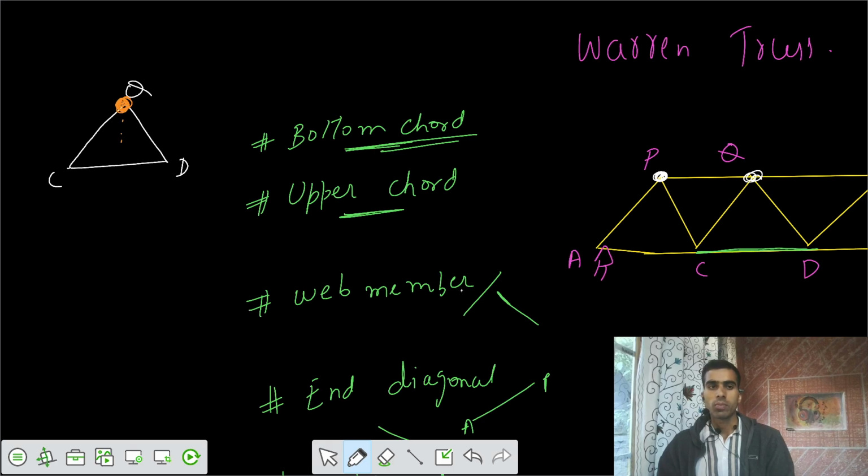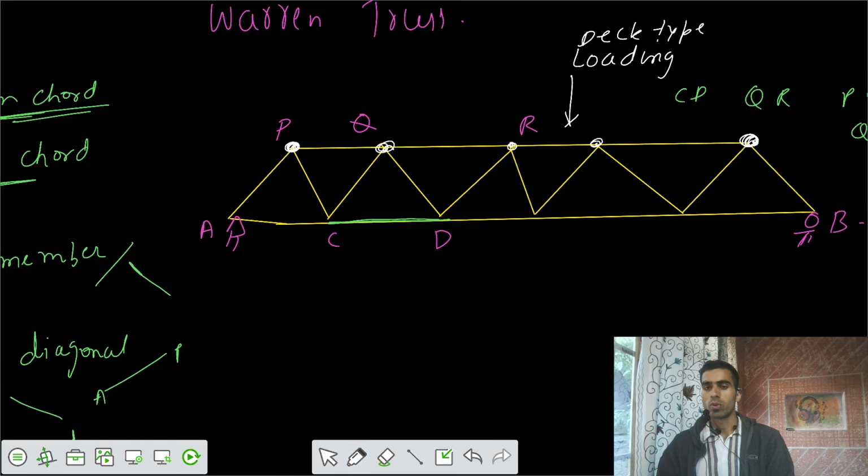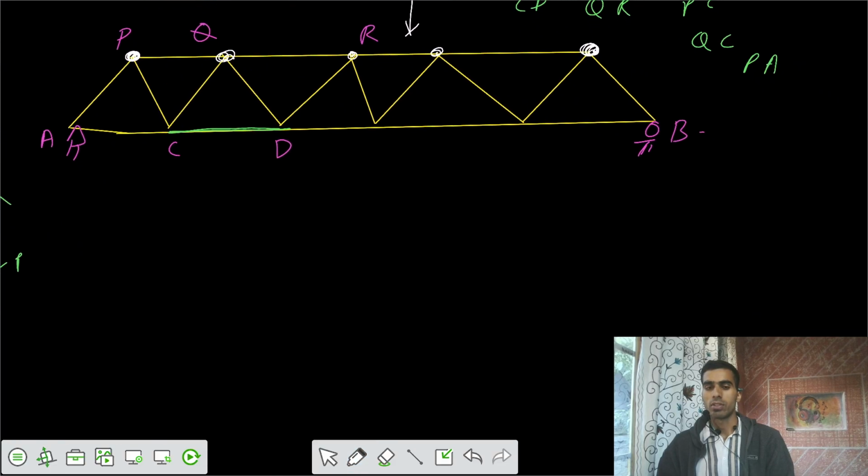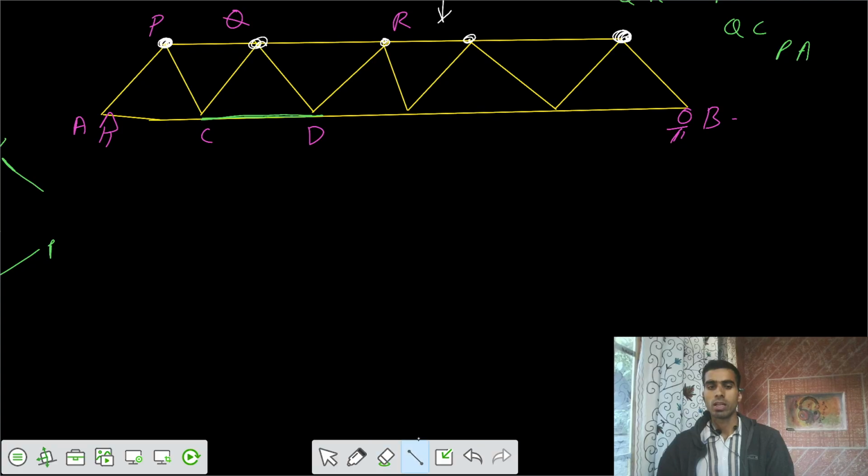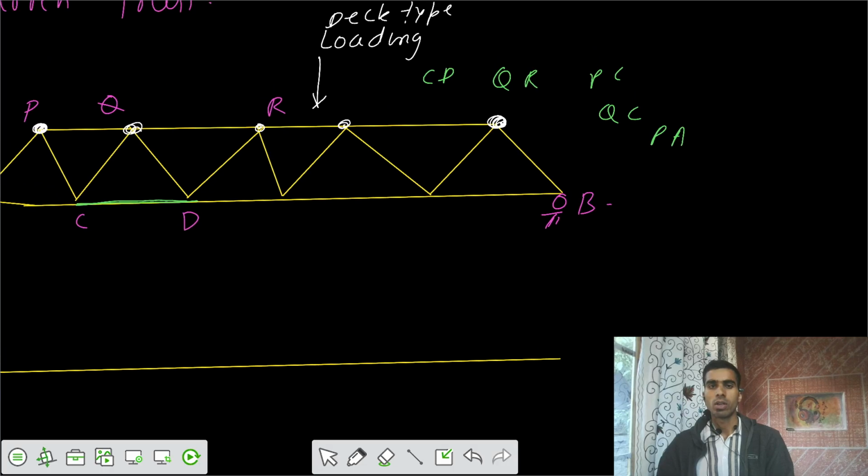That means we have only one critical point in the ILD, that's at point Q, and the rest you have to join with support A and support B by a straight line. Let's go for the ILD for CD.